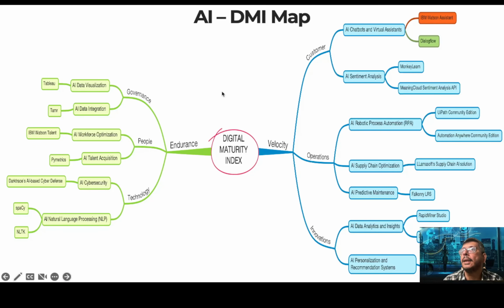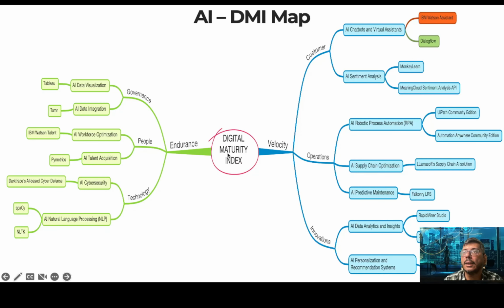So basically, this is the AI DMI map that I'm currently using for the entire solution, and also the context of all the solutions that I'm showing you.